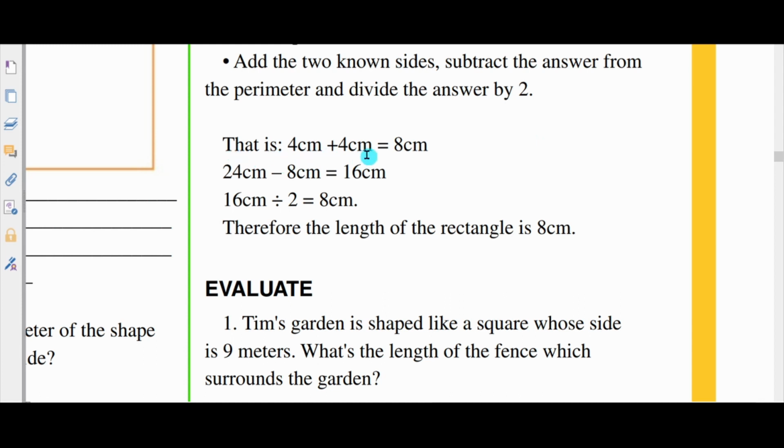That is 4 plus 4 is 8 centimeters. Okay, and now we must take that 8 centimeters from the 24 and we end up with 16 centimeters. Then that 16, we're going to divide by 2 and we get 8 centimeters. Therefore, the length of the rectangle is 8 centimeters.